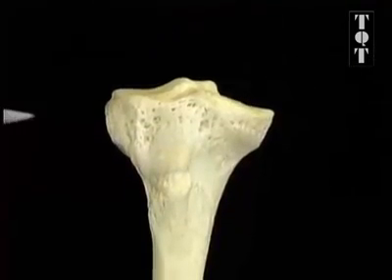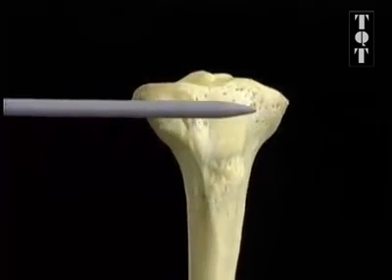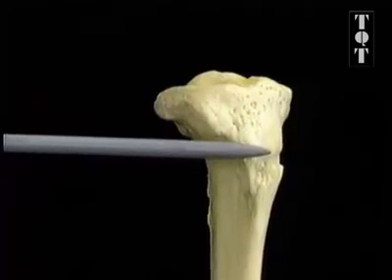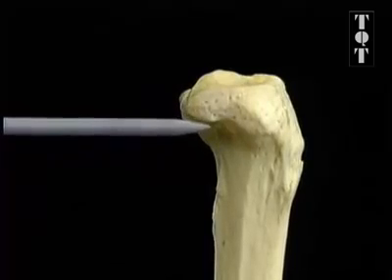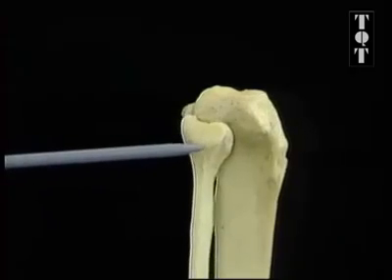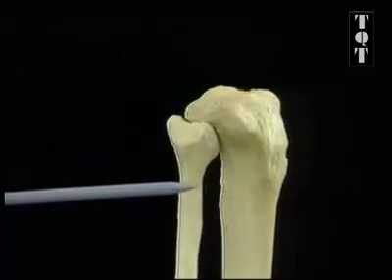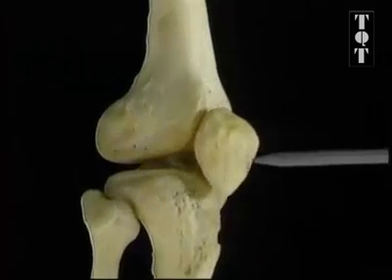On the tibia, here's the lateral condyle, the medial condyle, the tibial tubercle, and the facet for the fibula. Here's the head of the fibula, the neck of the fibula, the proximal tibiofibular joint, and the patella.